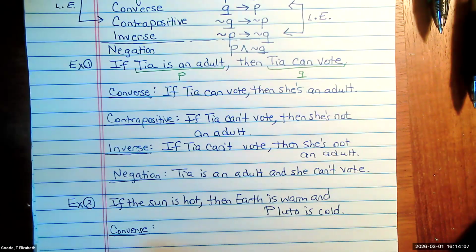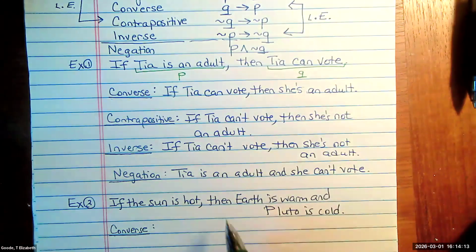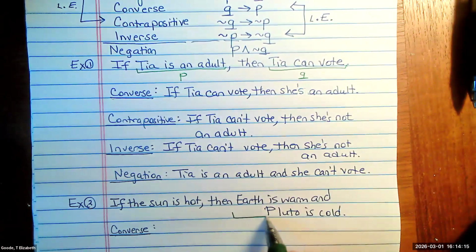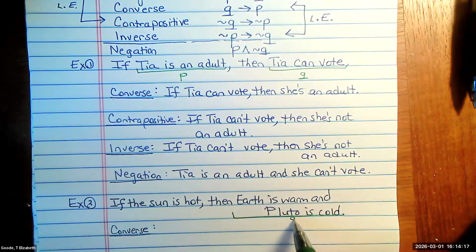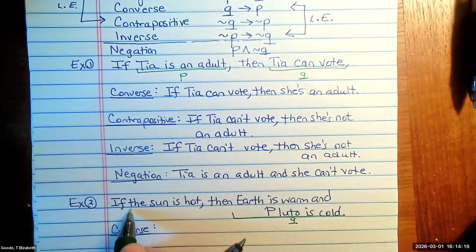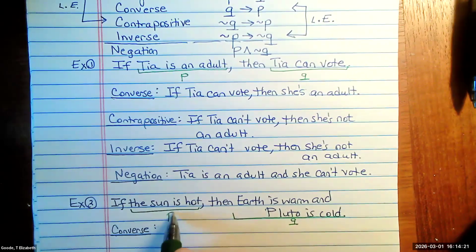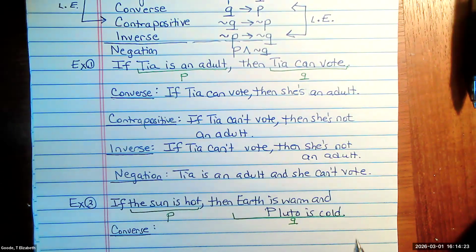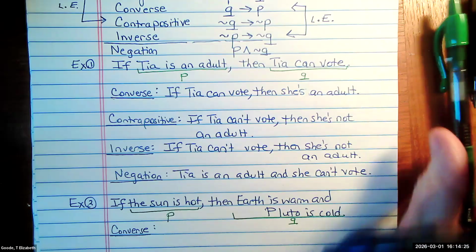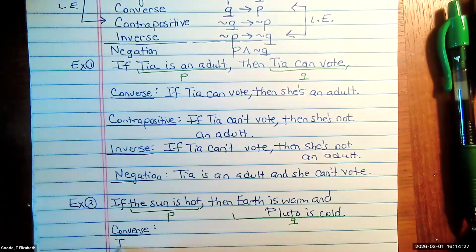Okay. You said Q and not P, right? This is our Q and this is our P. But the converse is an if-then statement. So we need an if.